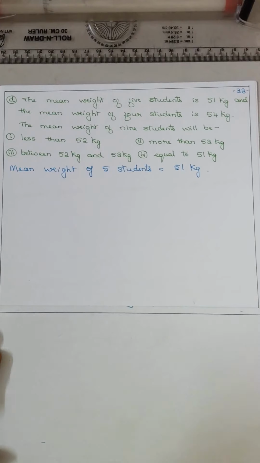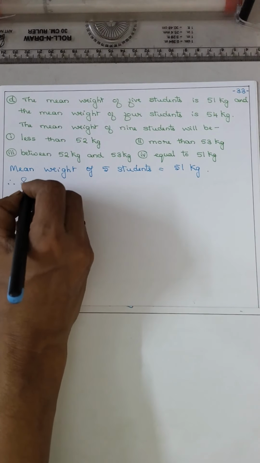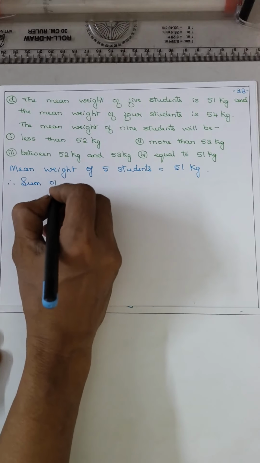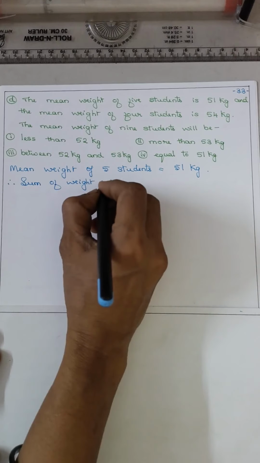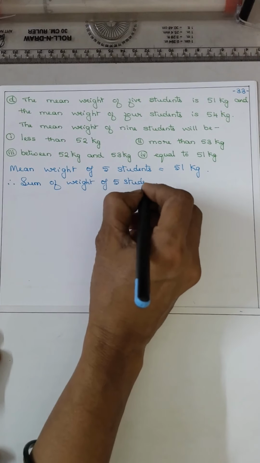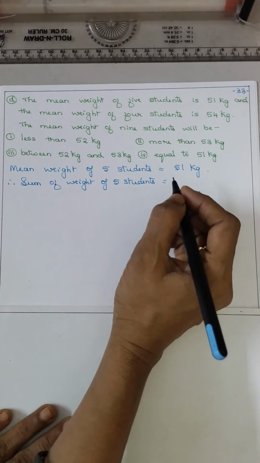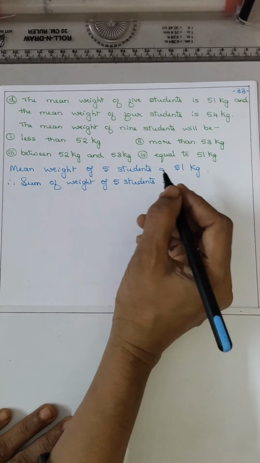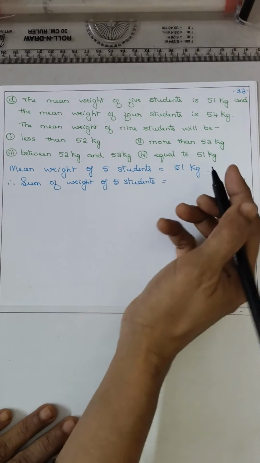Now you have to find out the sum of weight of 5 students. In the first worksheet we have done this type of sums. So the mean weight of 5 students is given, find out the sum.